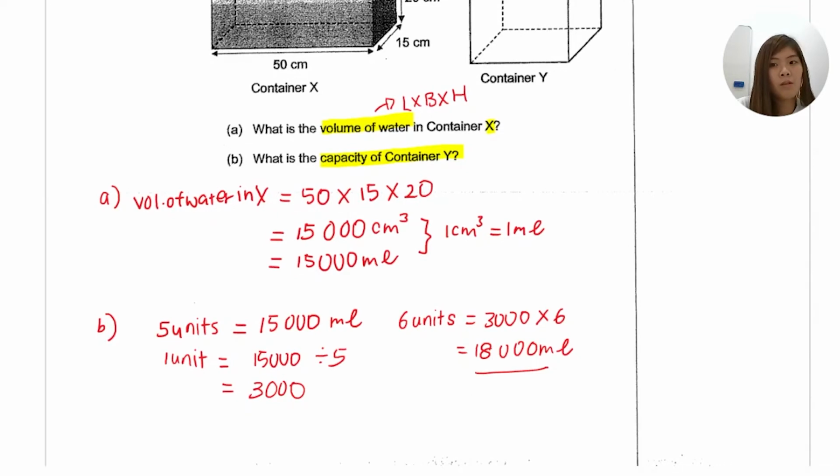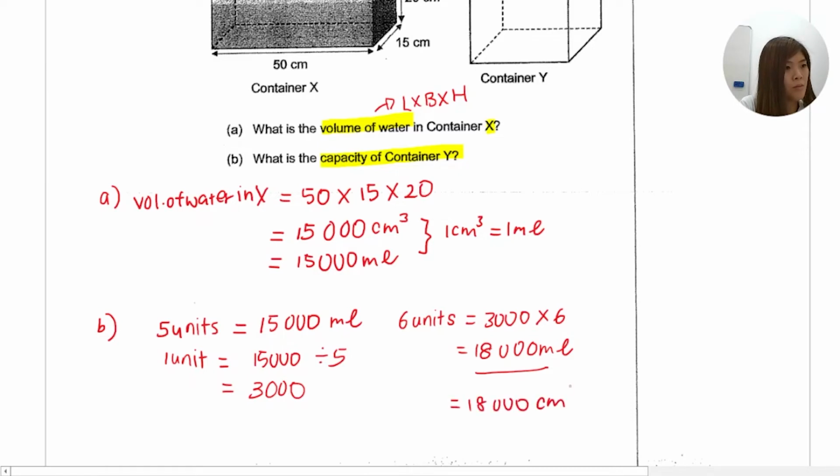Okay, which is also the same as 18,000 cm cubed.